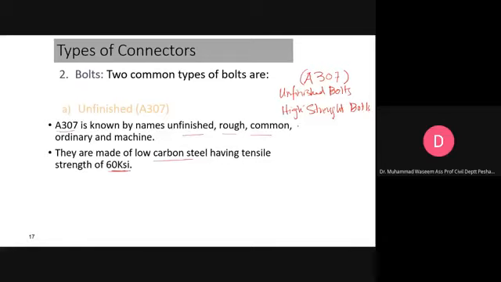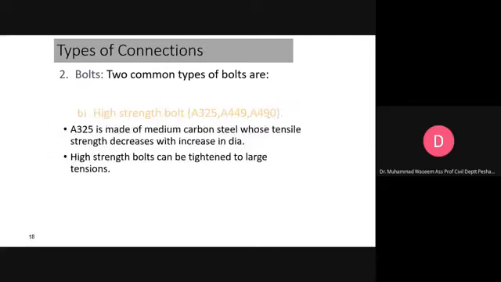High strength bolts are designated as type A or type B. In type A, we have A325, and type B is A490. Please remember that we have two types of bolts being used in steel connections: unfinished bolts or high strength bolts.